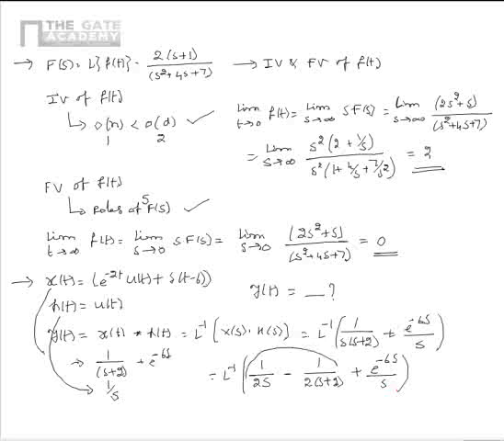We got the term 1 by 2s minus 1 by 2 into s plus 2 upon splitting 1 by s into s plus 2 into partial fractions. So this can further be simplified as 1 by 2 multiplied by L inverse of 1 by s minus 1 by 2 multiplied by L inverse of 1 by s plus 2 plus L inverse of e power minus 6s by s.